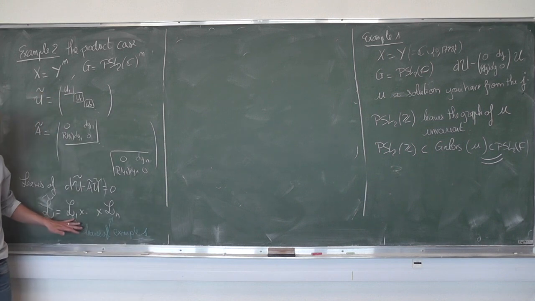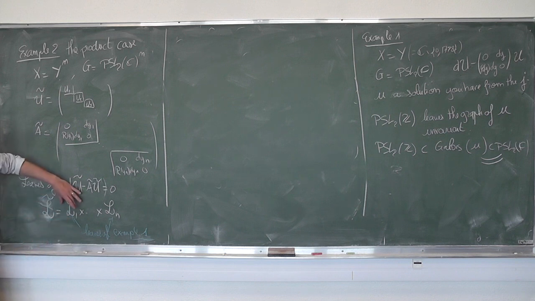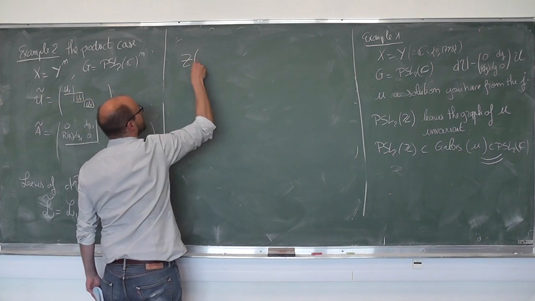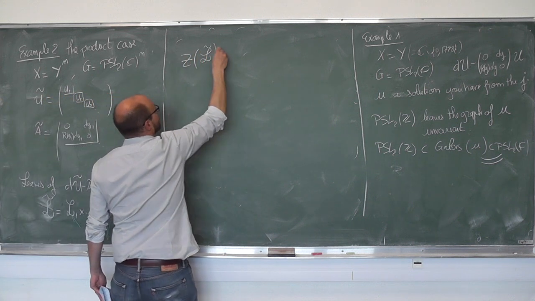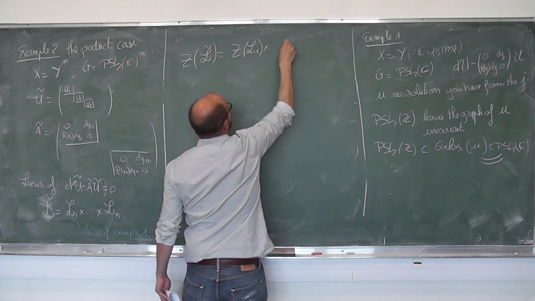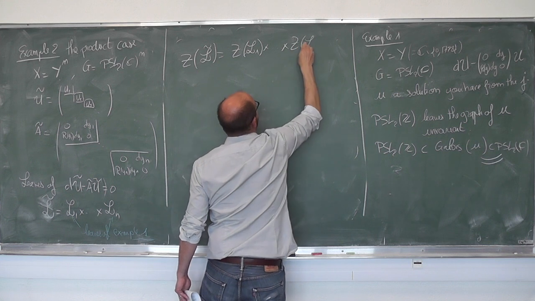Now we have a set that is a Cartesian product of some other sets, and it is easy to look at the Zariski closure. Yeah? The Zariski closure of a product of two sets is the product of the two Zariski closures. So because we are really looking at this and not at a subspace of this. So the Zariski closure of this is the Zariski closure of L1, the Zariski closure of Ln.